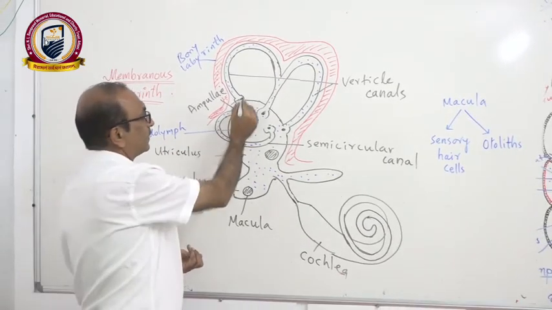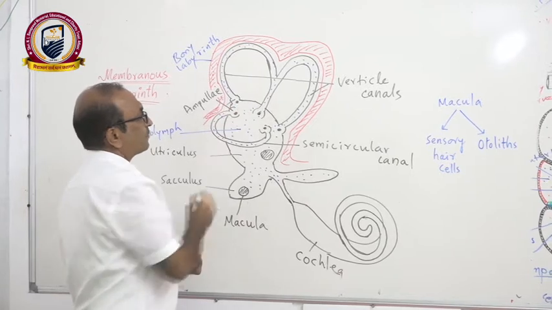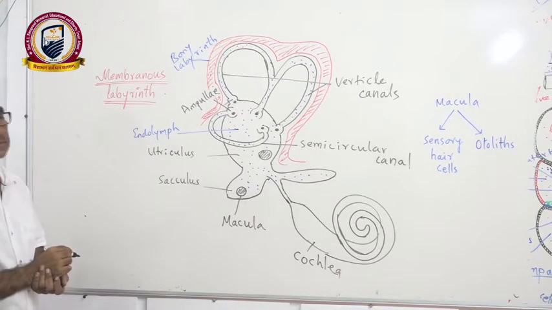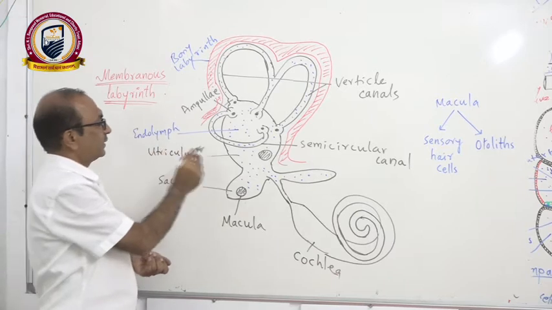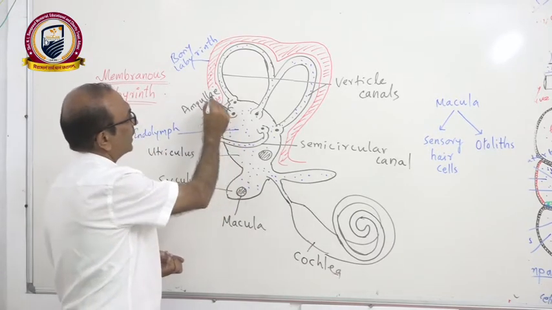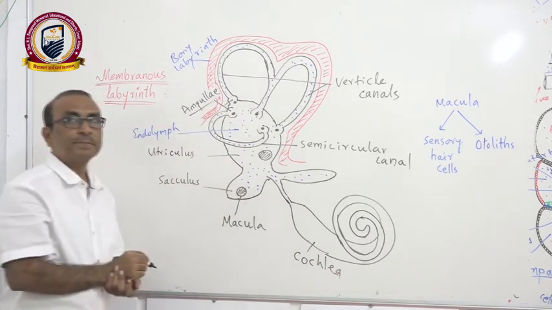The ends of these canals, where they join with the utriculus, are bulged, and they are called ampullae.